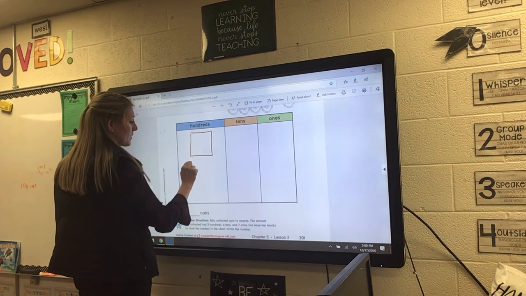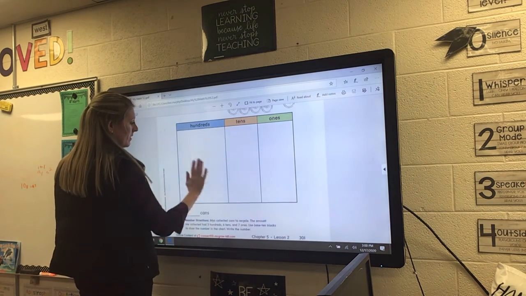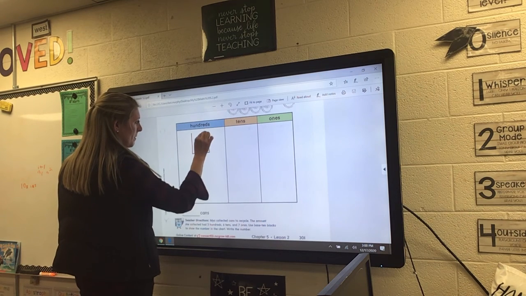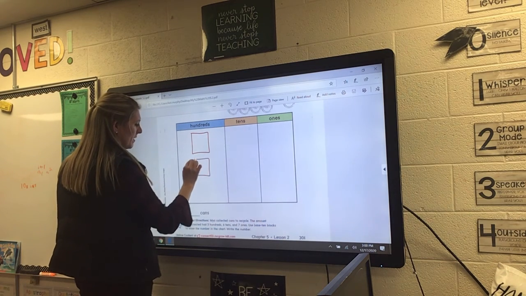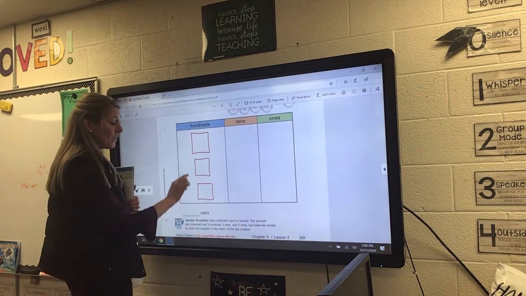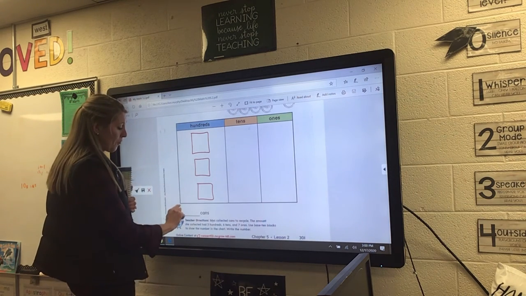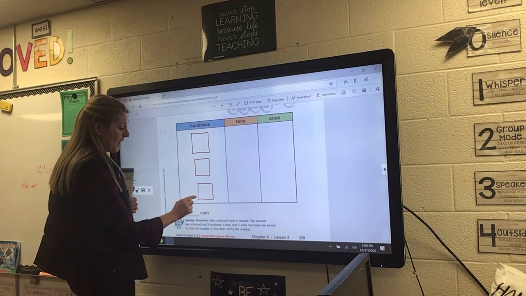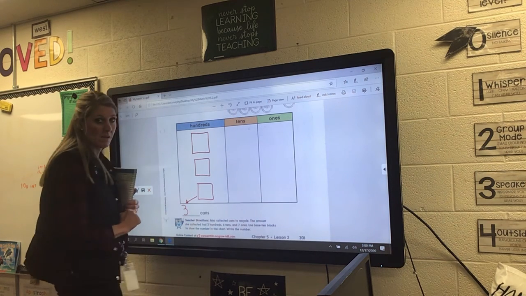So just show me a big square, and Mrs. Murphy's going to try to make hers a little bit more square. Okay, and we know that there's 100 on each one of these. So this is 300. Now, that number is going to go here.